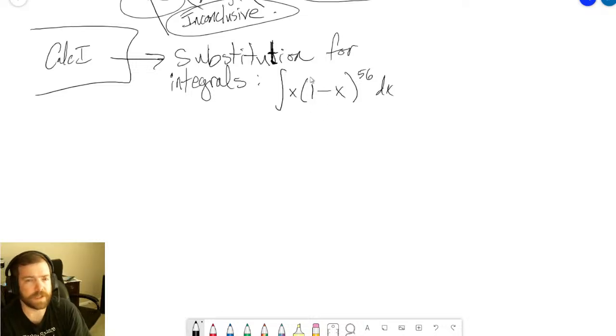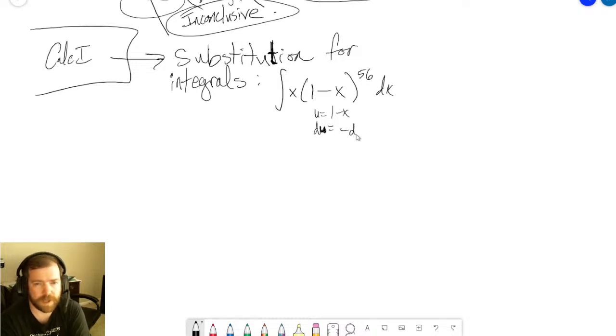If we let the inside of this be u, then du would be the derivative of 1 minus x, which would just be negative dx. Now, unfortunately, we do have this other x out here that isn't being included in all of this.